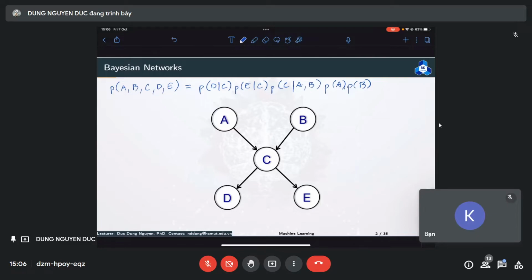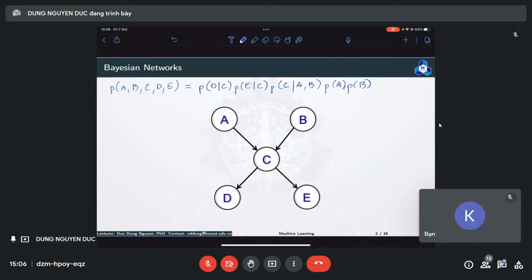You only need a graphical model like this, the graph, and you can easily formulate the joint distribution of all of the evidence you have in the graph just by using the conditional probability. And the conditional probability is what you can gather from your data.